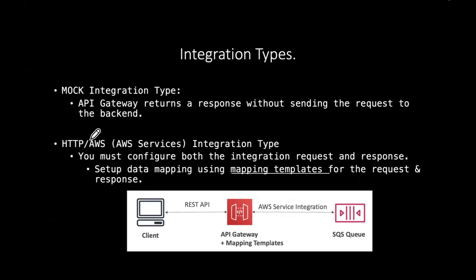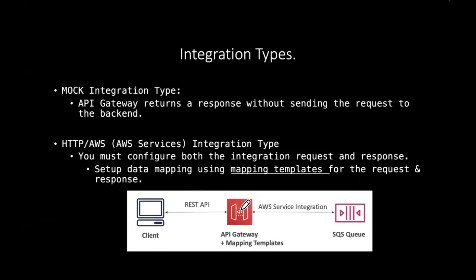The second type of integration is given a number of names. It's called HTTP/AWS. It's also called AWS Services. This type of integration is used when your backend is something other than Lambda. In the image here, for example, you've got an SQS as the backend. The client sends a request, API Gateway takes that request, and presumably the request has a payload.